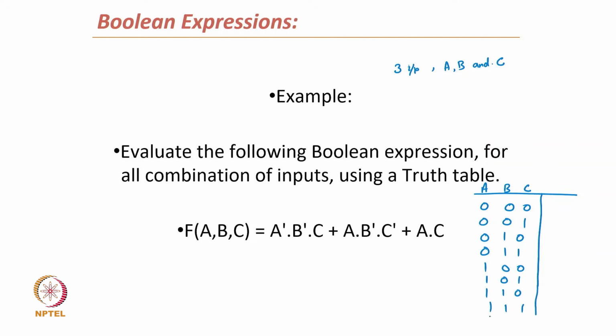Based on that, if we put 0 0 0 here and calculate the value here, we can find the value for this truth table. This you can do at home.